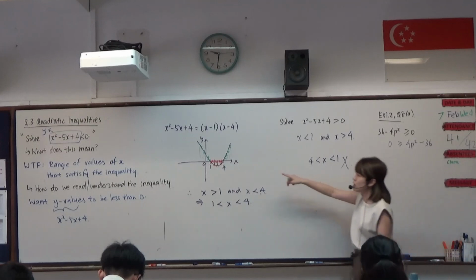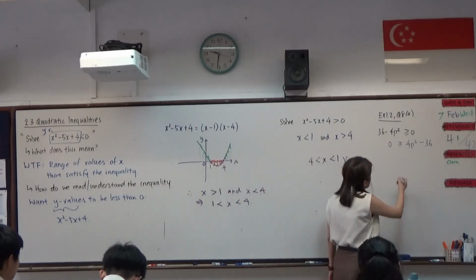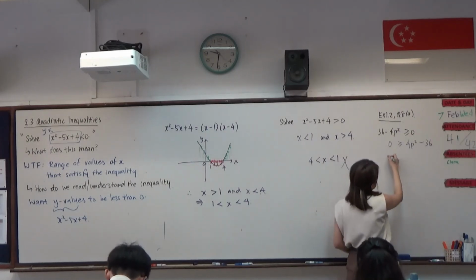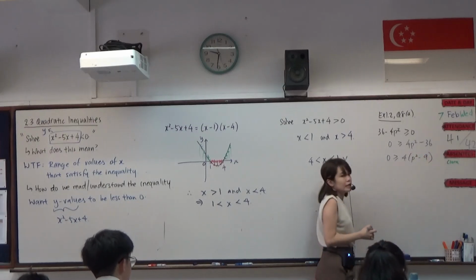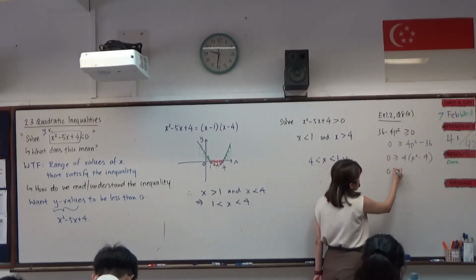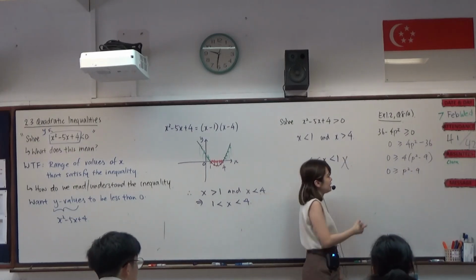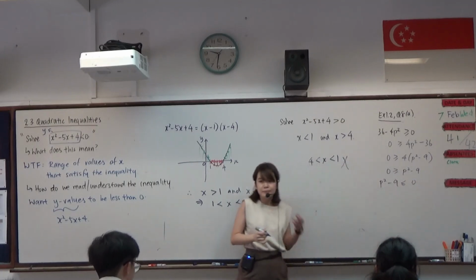So I always draw this shape. In this particular case, I can factorize 4 out. I can also divide the 4 away. If you don't enjoy reading an inequality like that, you can also write it this way.